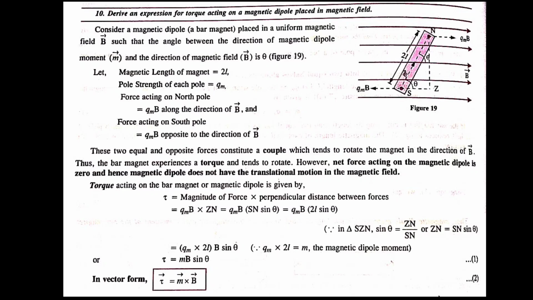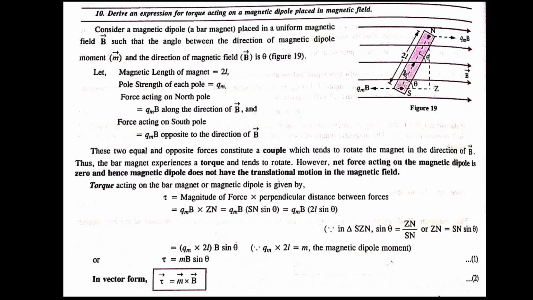The force acting on the north pole is qm into B, along the direction of the magnetic field, whereas the force acting on the south pole is opposite to the direction of the magnetic field. These forces are equal but in opposite directions, so they form a couple which tends to rotate the magnet in the direction of the magnetic field.